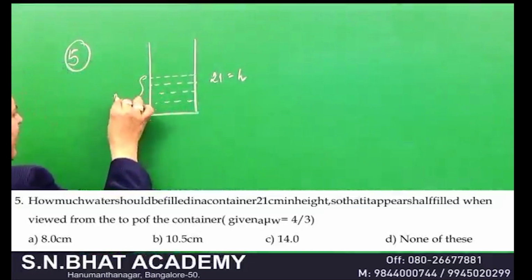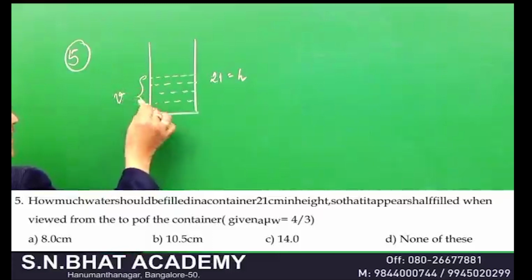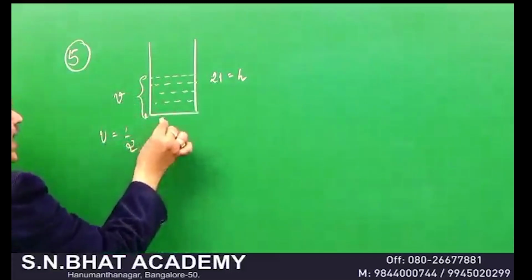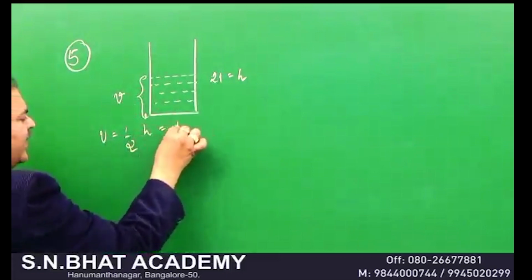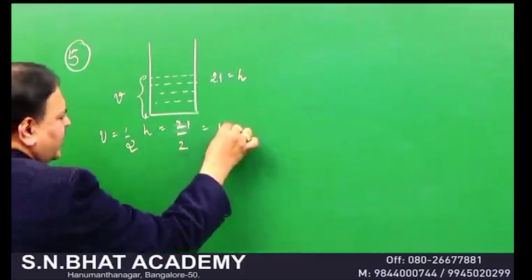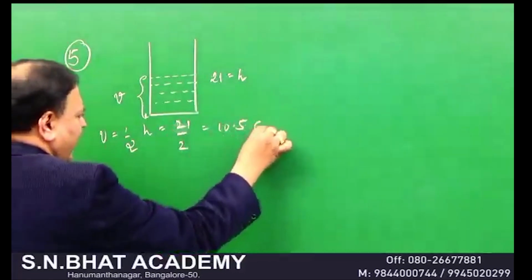That apparent depth we have called V, and he has said your V is equal to half of that height. That is 21 by 2, which is 10.5 centimeter.